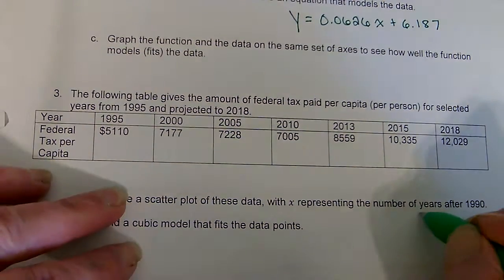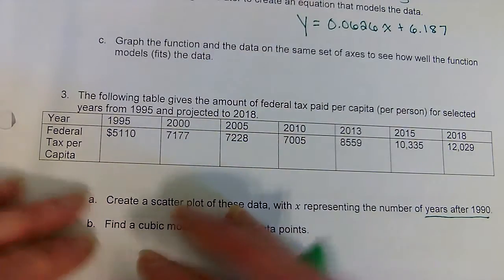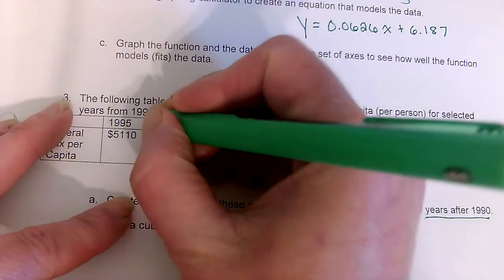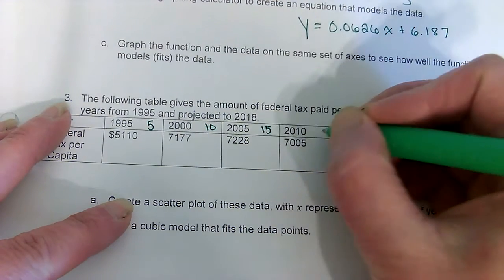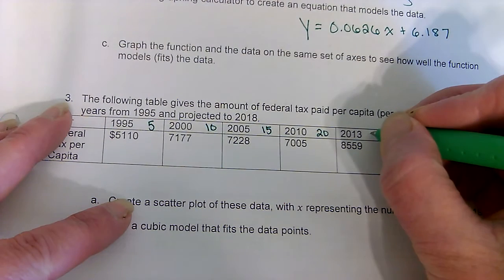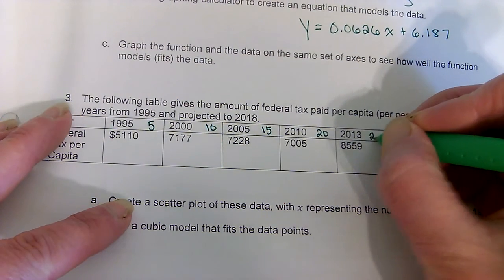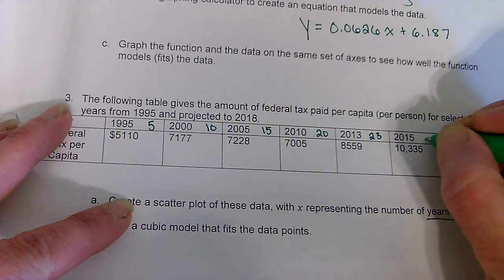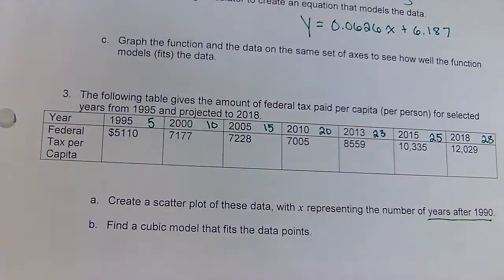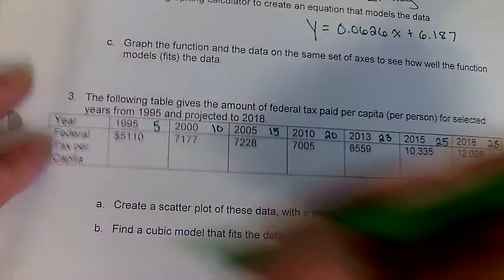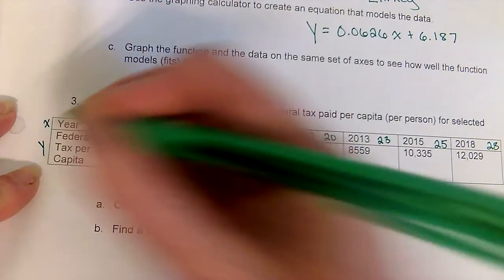Okay, so key here, years after 1990. So this would be a 5, 10, 15, 20, 23, 25, and 28. And this is our x, and this would be our y.